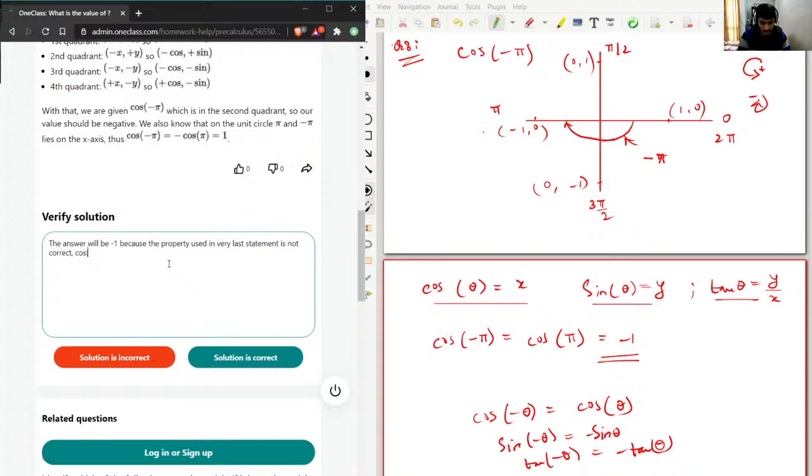Cosine of negative of a is equal to cosine of a, not minus cosine of a.